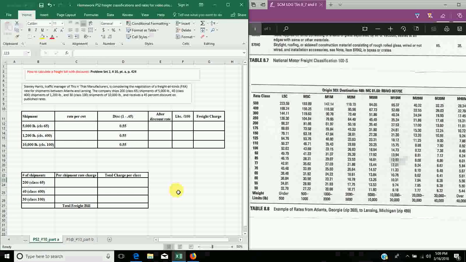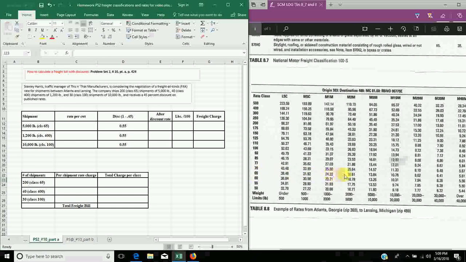Once again, we have to do a little matrix action. And we start off with class 65. Over here, class 65, right? So we go to the 65. And how much are we shipping? We're shipping 5,000 pounds. We don't care how many times we're shipping it right now. We just know that one shipment of class 65 is going to be worth 5,000 pounds. So we start out with a 65.